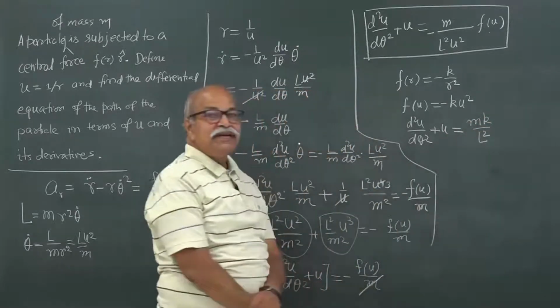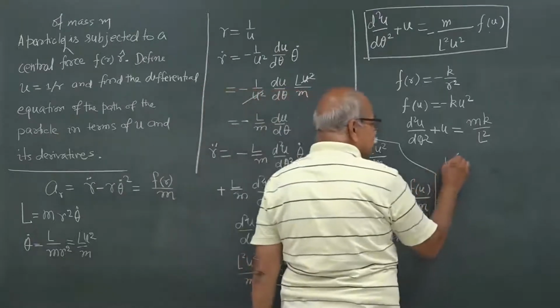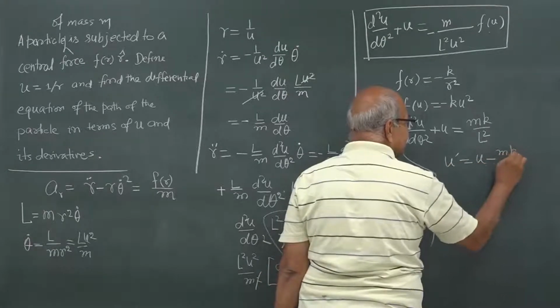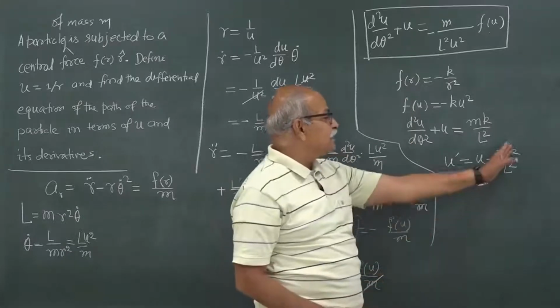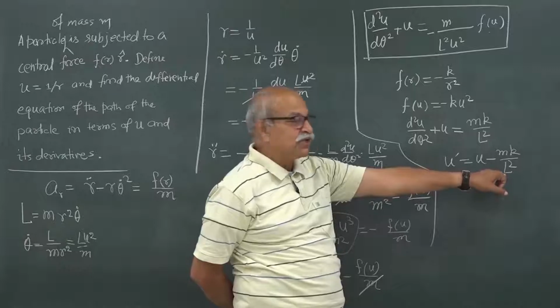It will be mk by L square, and if you define another quantity u prime equal to u minus mk by L square, this is just a constant, because angular momentum is constant in the entire motion.